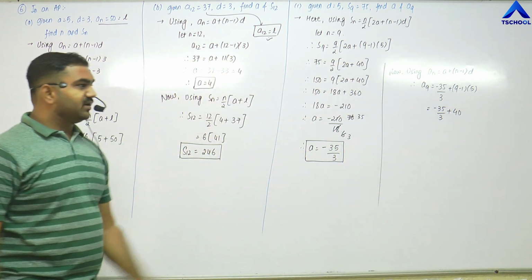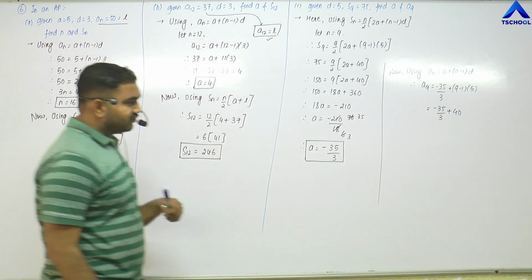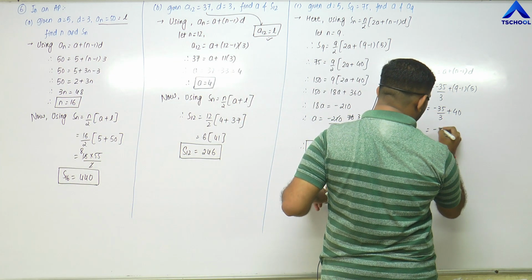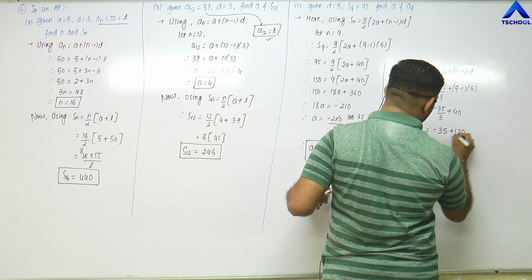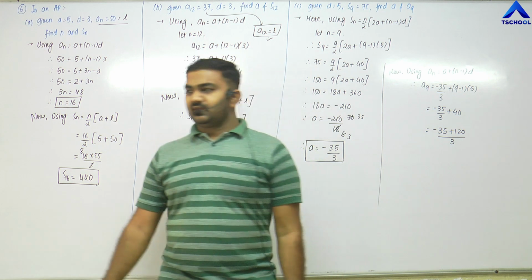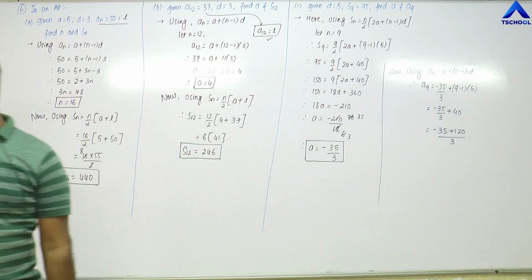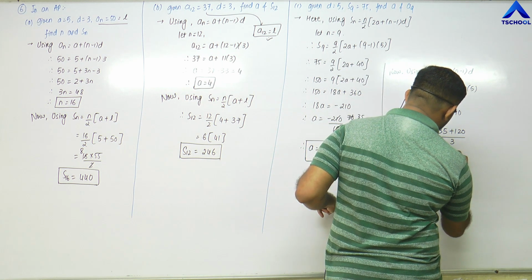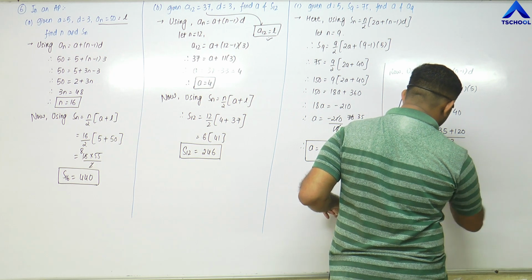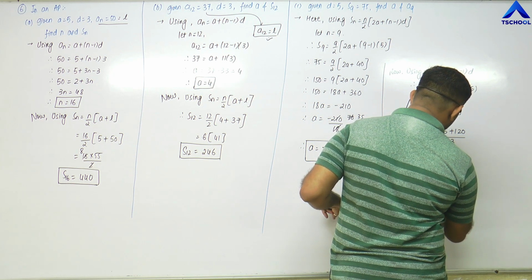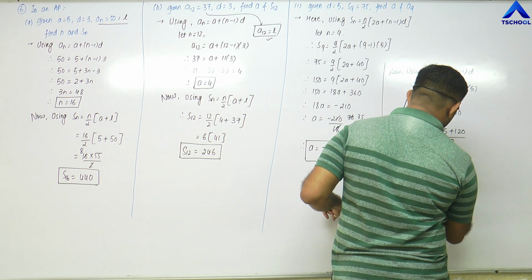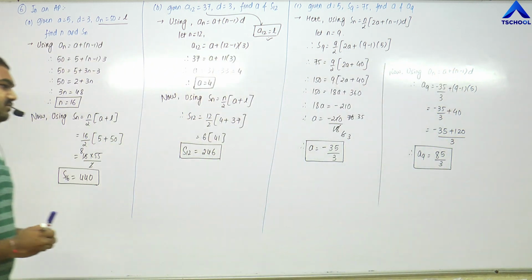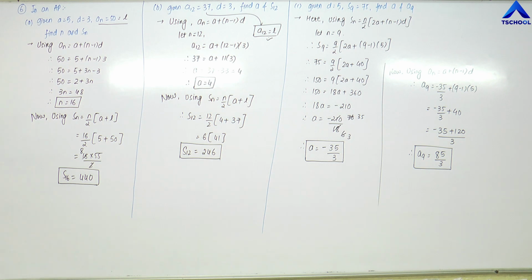First of all, we take the LCM, so we make the common denominator: minus 35 plus 120 whole divided by 3, and that will be minus 85 by 3. Sorry, not minus, it will be plus, friends, my mistake, 85 by 3. So the ninth term, A9, is 85 by 3, and the first term A is minus 35 by 3. Is it clear, friends?